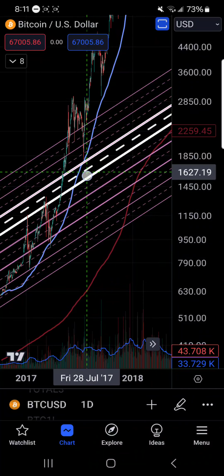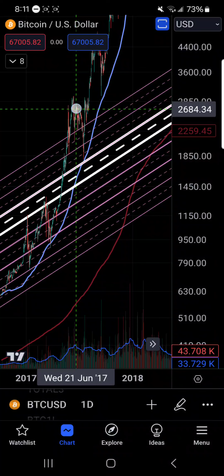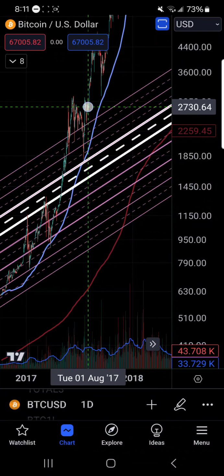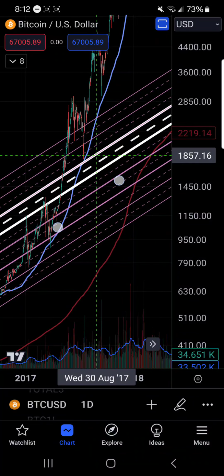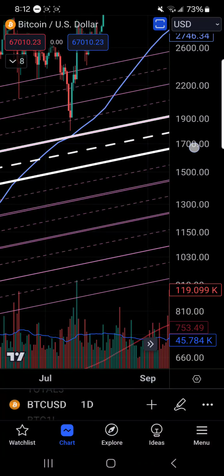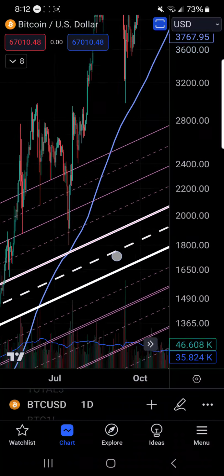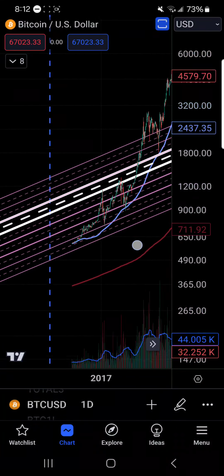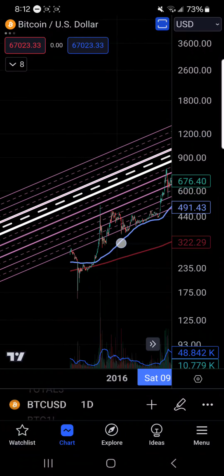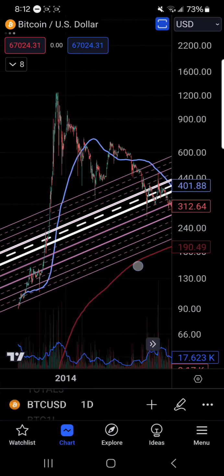We didn't really spend a lot of time in the channel, blasted up through it, attempted a parabolic rally but lost it, came back down, held the top of this channel perfectly as support, right there. So that's why that white channel is there and is staying there for eternity.